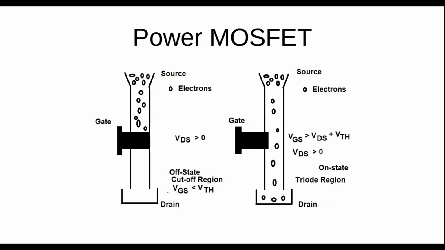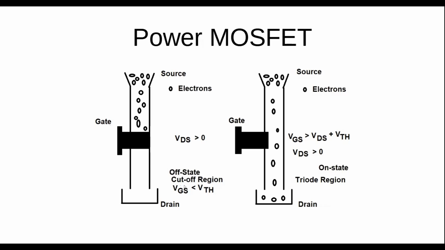So for this state, we have a case where this is the cutoff region, when the switch is off. The control is based on this gate-source voltage: VGS is less than a particular threshold. This threshold is a positive voltage, so this is a voltage control device.